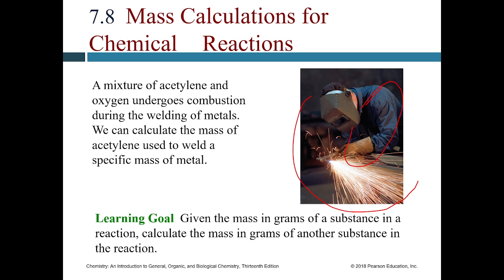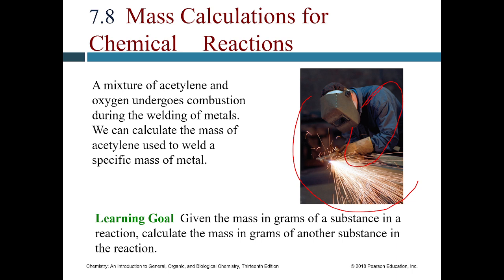So, how do you know when an acetylene torch is working properly? There's a modulator in it, right? Why is that? Because you have to get that mole ratio perfect. That produces the best heat, right? If you don't have enough oxygen, you get this big flame that has very little heat.